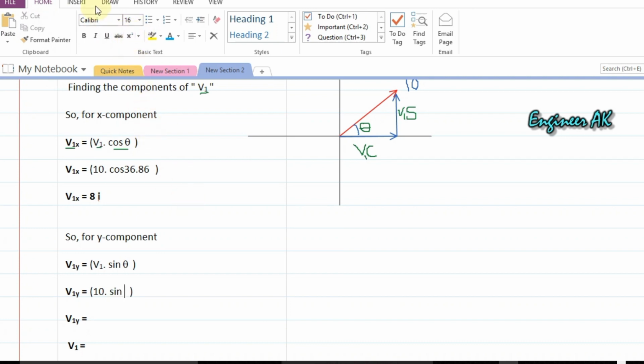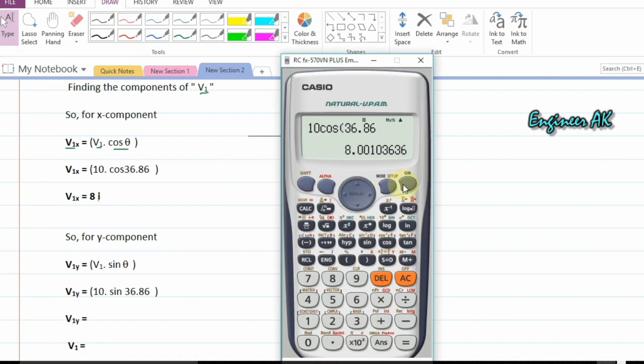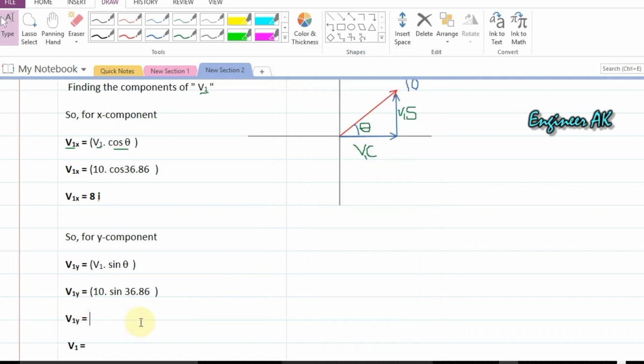If I plug in the values in the calculator, 10 sine of 36.86 comes out to be approximately 6 if I round it off, so 6j.